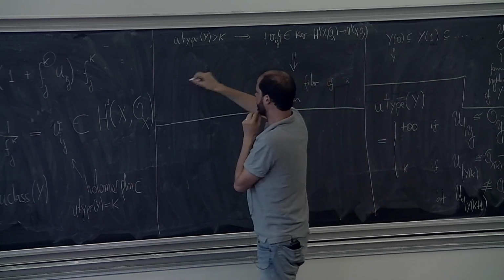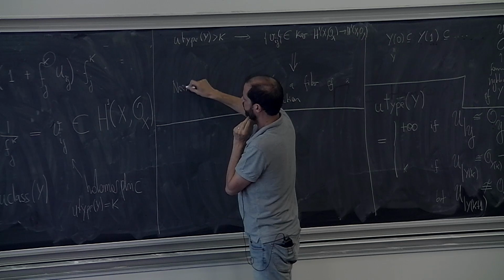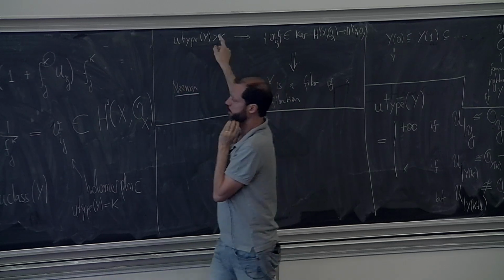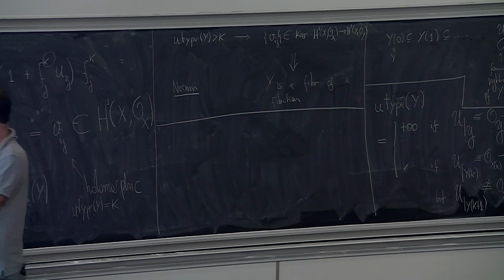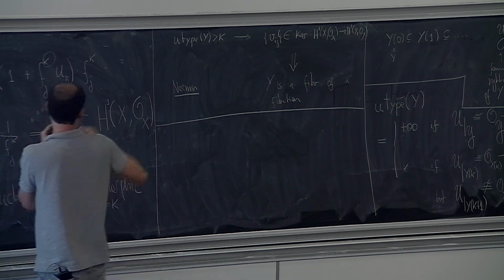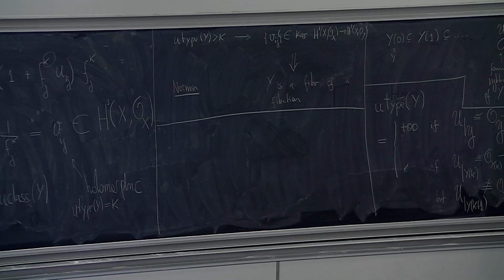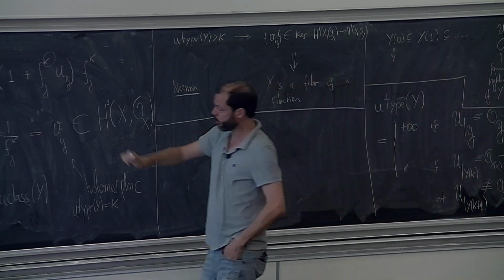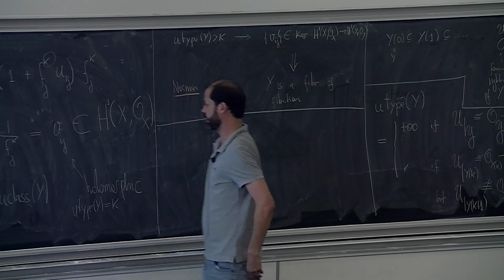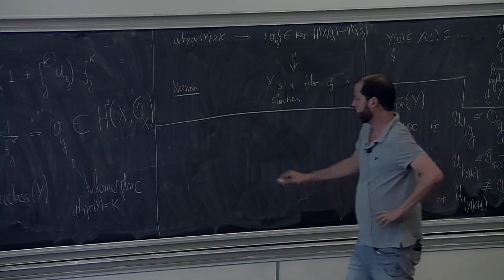So this is the Niemann result. He proved it differently, but he proved that if the normal bundle has order k, and the Weda type is greater than k, then Y is a fiber of a fibration. Now we want to construct a foliation from this thing. Very good. So what do we do?